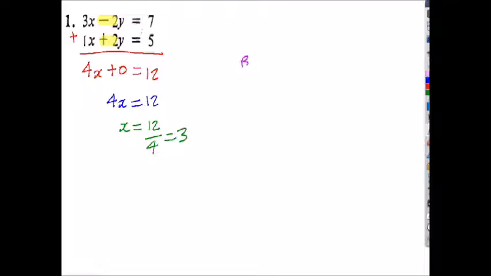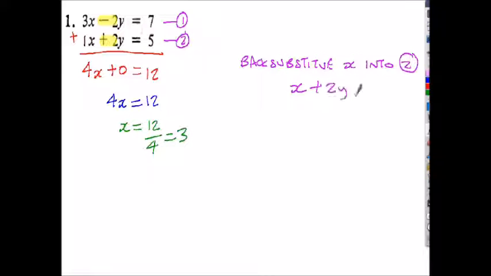I will need to back substitute the value of x into an equation. It doesn't matter which equation I use. If I was to call this equation 1, just to give it a reference, and this equation 2, I'm going to back substitute x into 2, because it looks the simplest equation to use in this case. So from x plus 2y is equal to 5, I know now that x is equal to 3 from the previous calculation, and I'll add to that 2y is equal to 5.